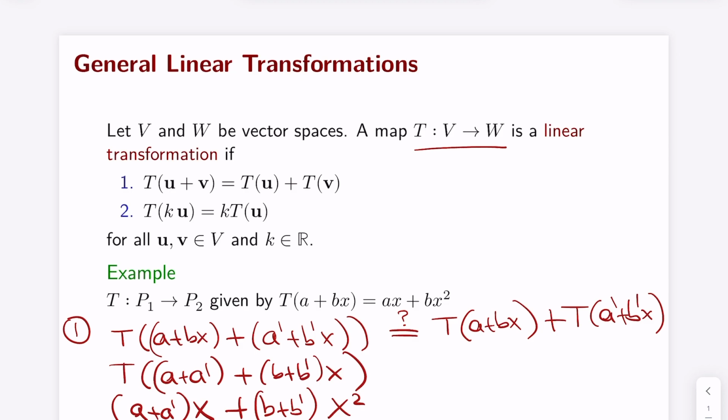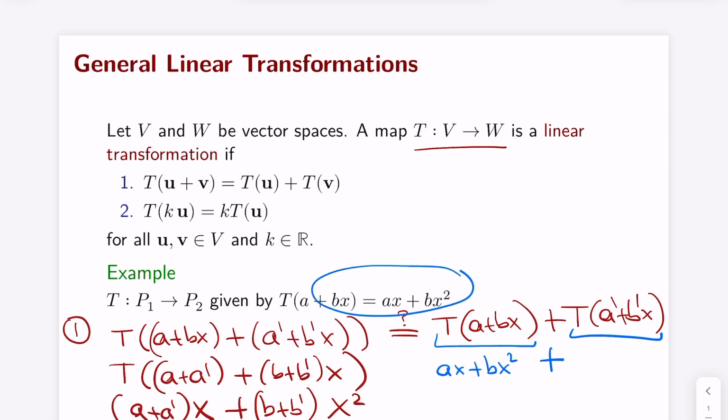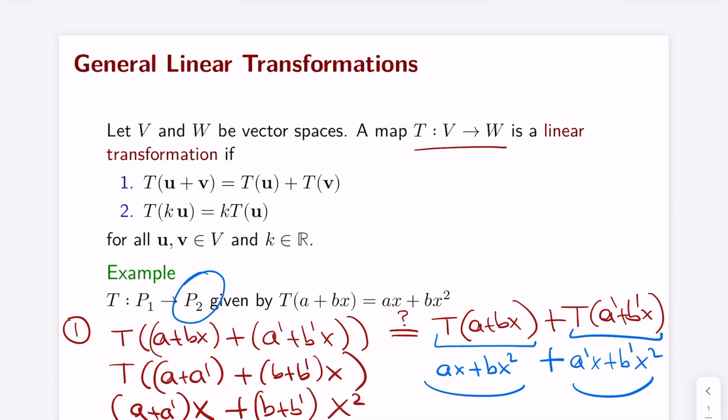We did calculate the left part of the expression. Now let's calculate the right part. Let's transform the first polynomial. According to this transformation, it will be equal to ax plus bx squared. And then plus, let's transform this one, that according to this will be equal to a prime x plus b prime x squared. Now we have an addition of two polynomials in the second vector space, right?